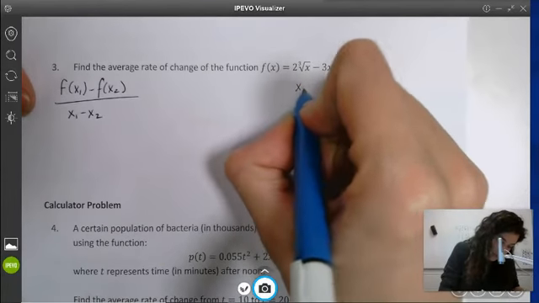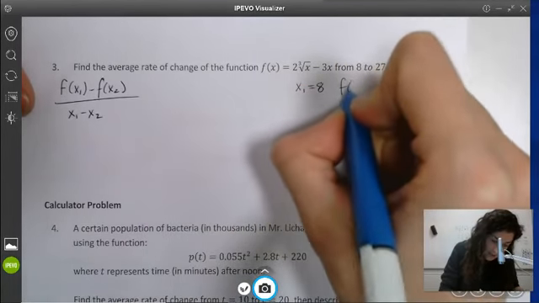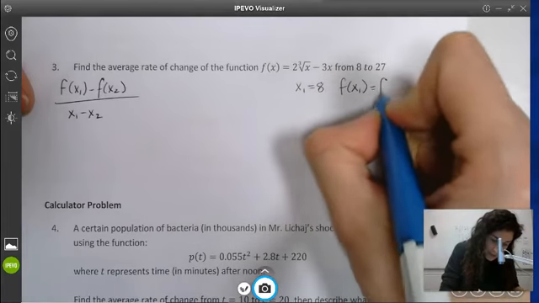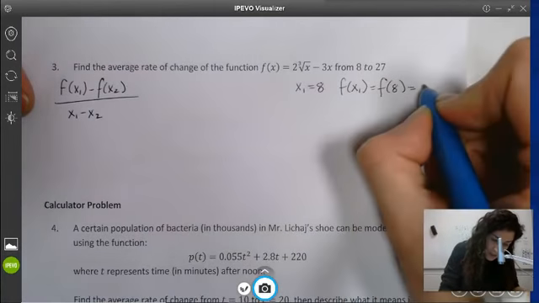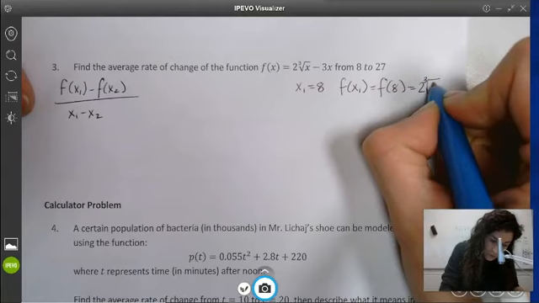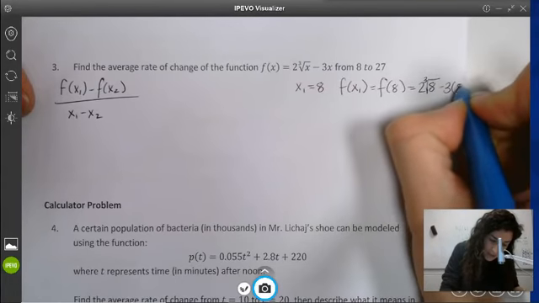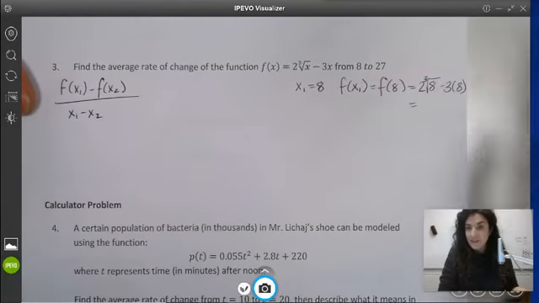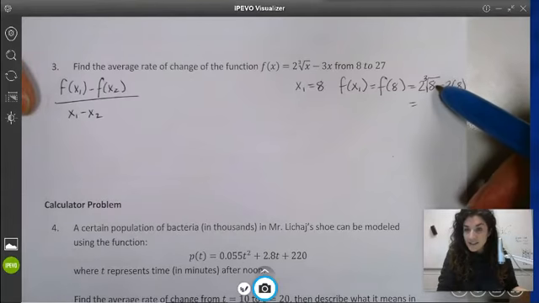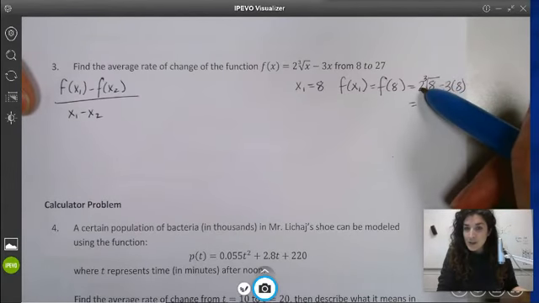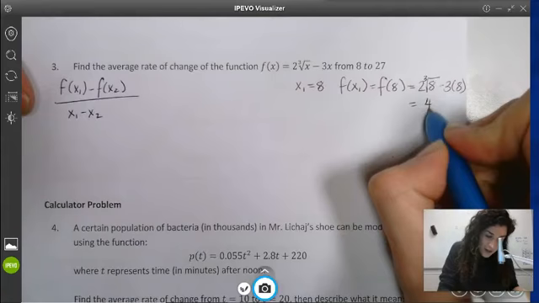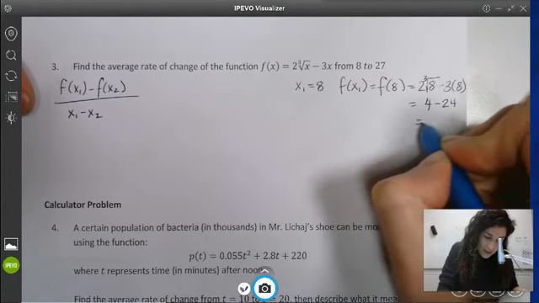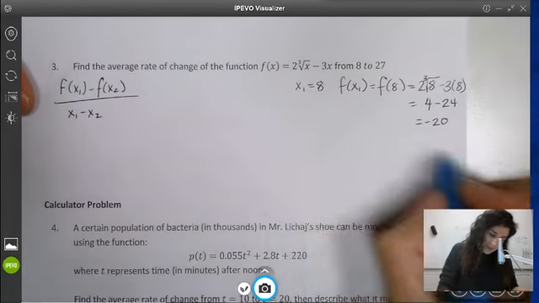So I could first say, hey, x sub 1 equals 8. F of x sub 1 equals f of 8, which is 2 times the cubed root of 8 minus 3 times 8. Cubed root of 8 is 2. 2 times 2 is 4. 4 minus 24 is negative 20.